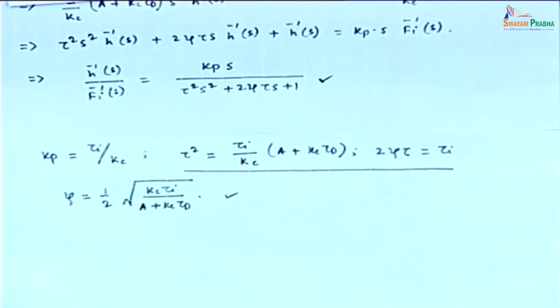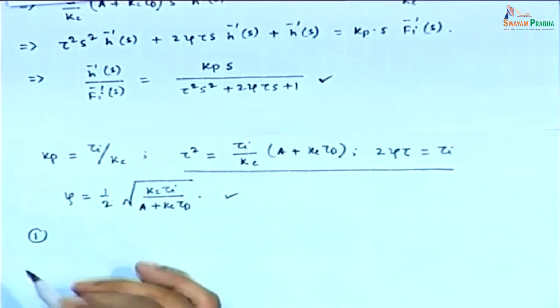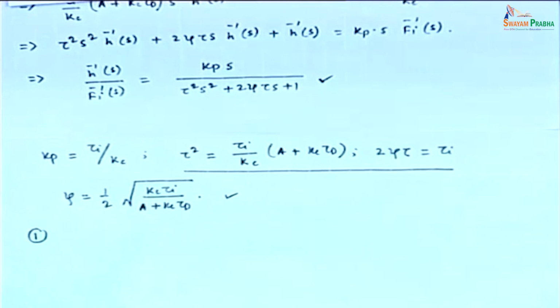Now, we want to conclude. Our first conclusion is that by employing a controller around a first order system, we obtain overall second order response.